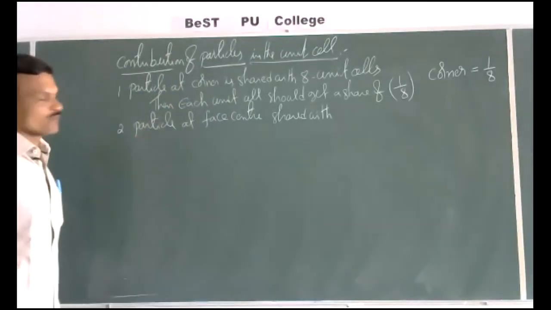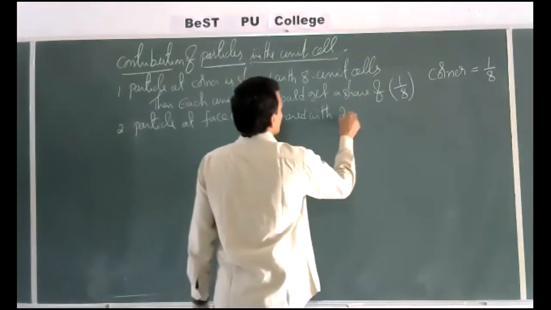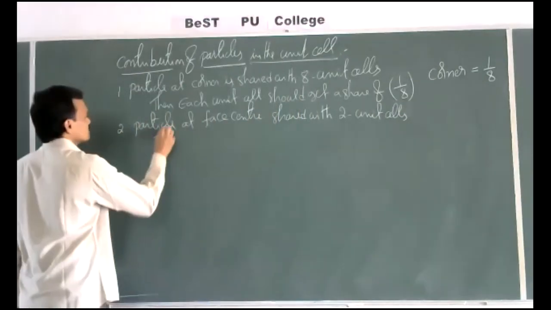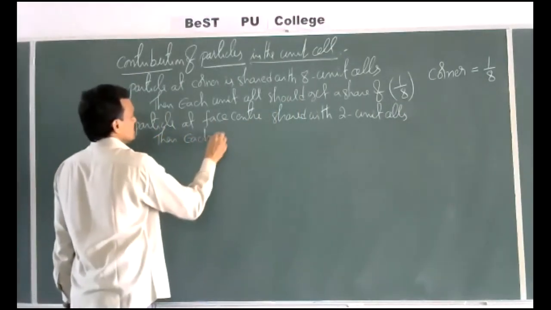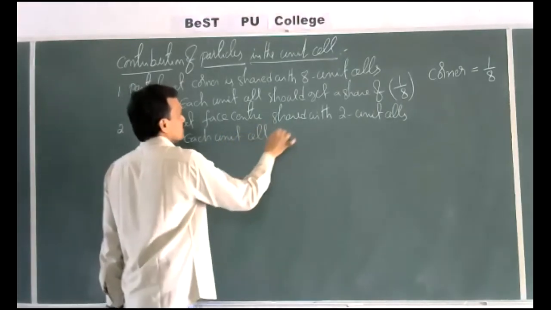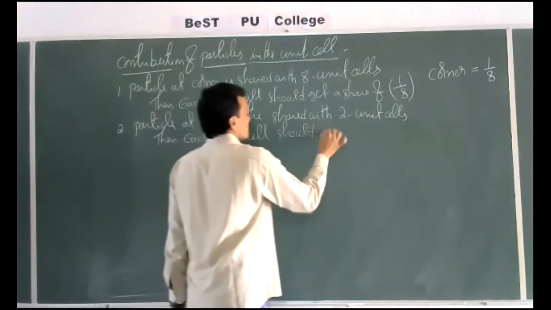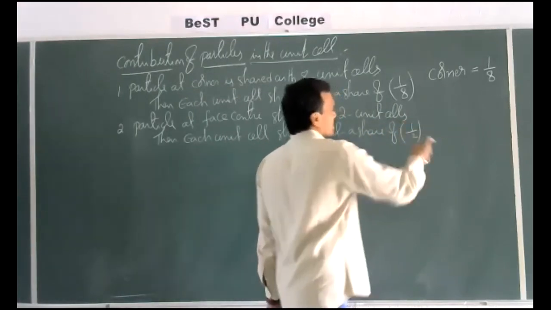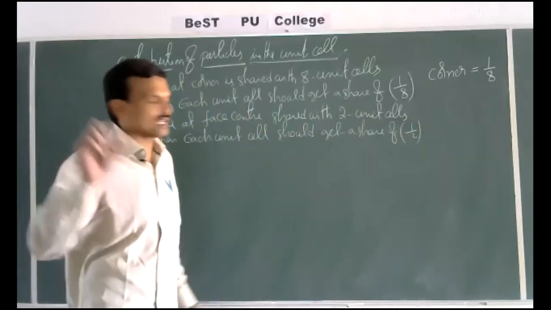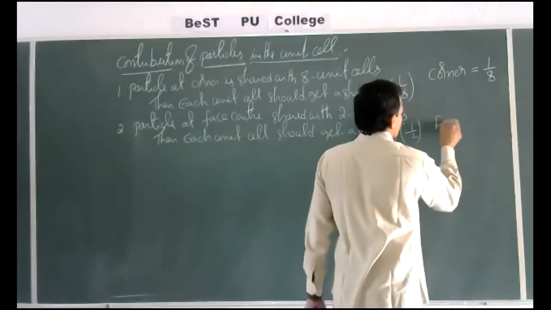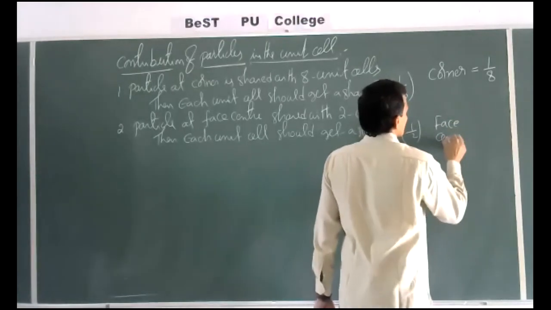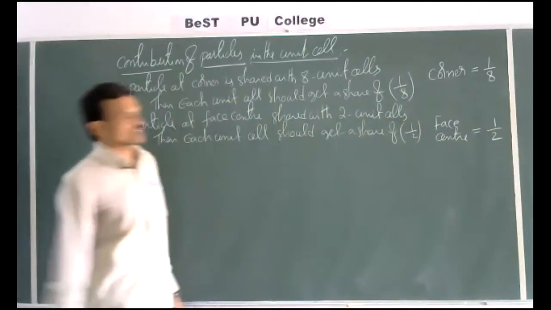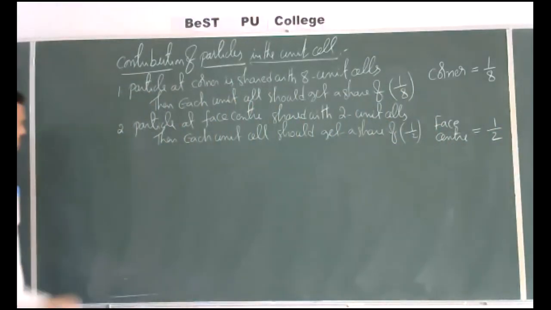So a particle at the face center is shared with 2 unit cells. Then each unit cell should get a share of how much? 1/2. So if a particle is present at the face center, its contribution is 1/2 because it is shared with the 2 unit cells. This is the second one.